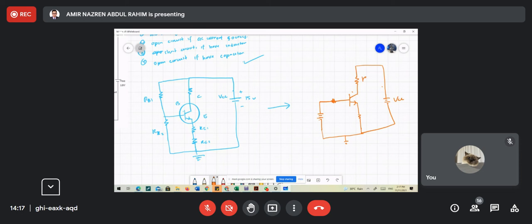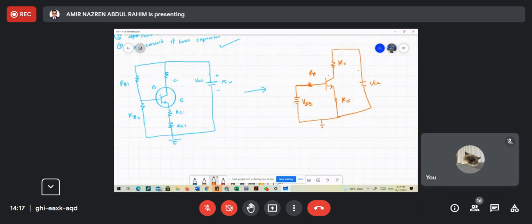VCC, RC, RE, VBB, we have RB. These are our common configuration. So to make RE, we need to add RE1 and RE2. So here RE equals RE1 plus RE2.